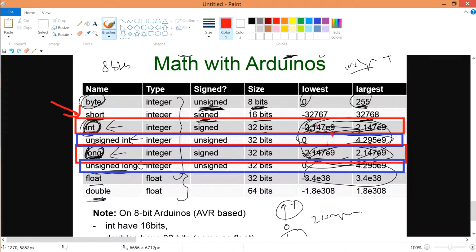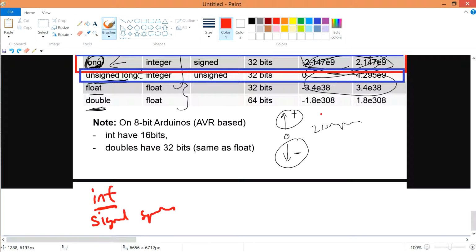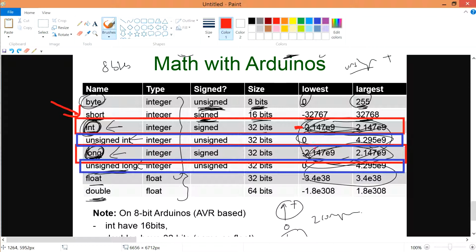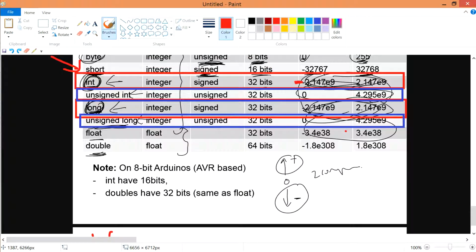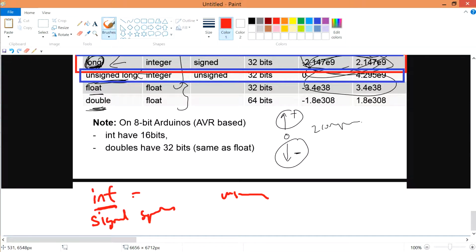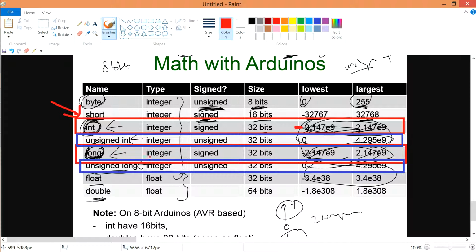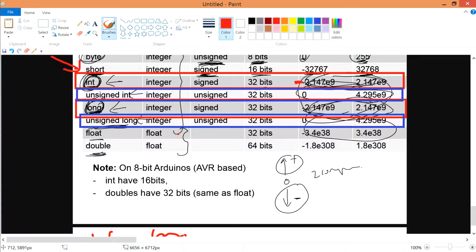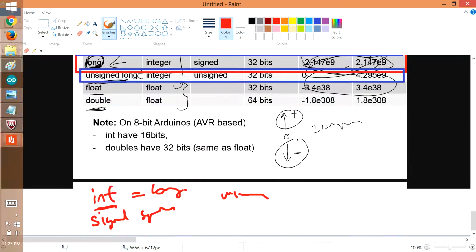There's a negative value to a positive value. Therefore the unsigned is all positive, from 0 to a positive value. So these are the little details, and integer is equal to long. It's the same thing. That's what it's trying to say. And I think that's all, but I haven't finished yet.